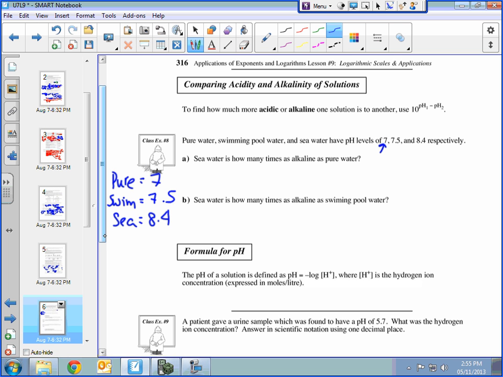If it's already good, then you do the regular way. So since it's already more alkaline, you just go 10 to the 8.4 minus 7. Okay. 10 to the 1.4. What is this equal to?